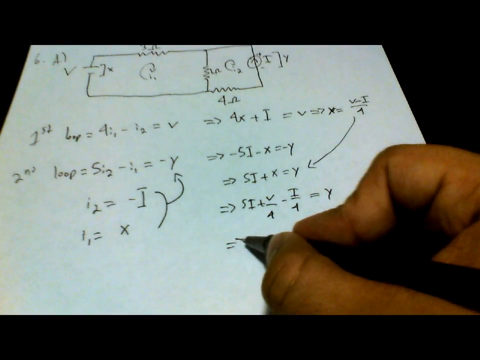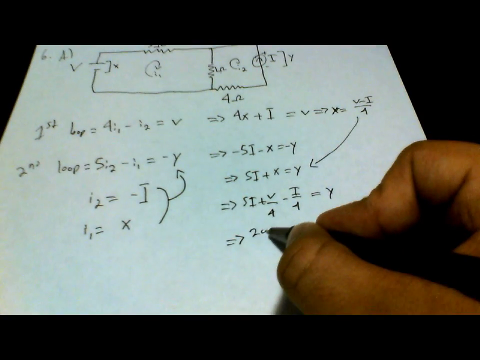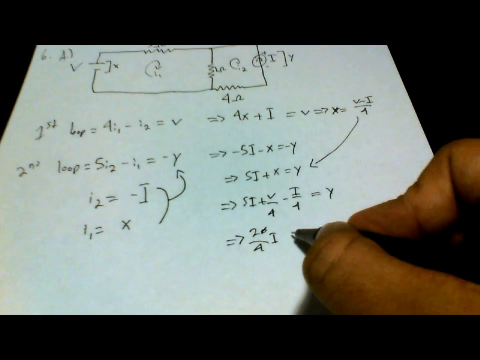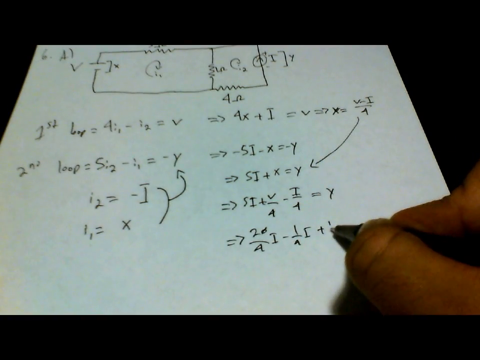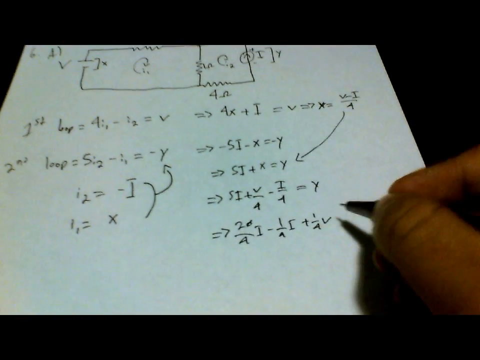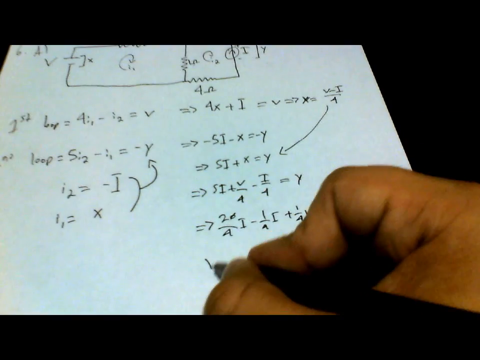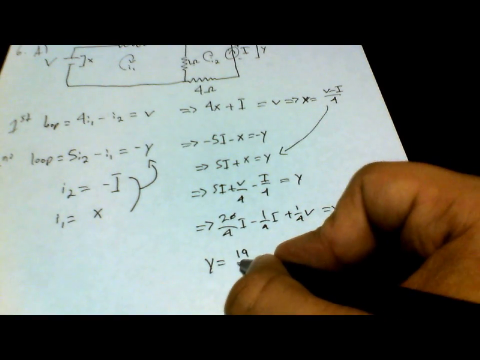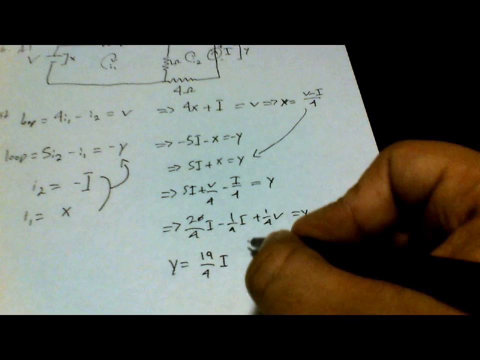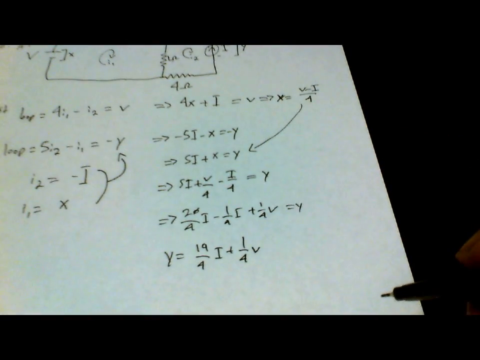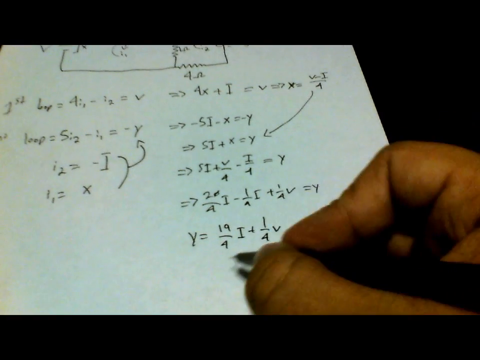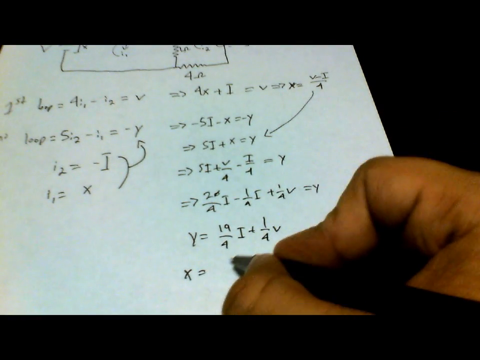Now 5 is 20 over 4, minus a quarter I plus a quarter V equals Y. So we end up getting Y equals 19/4 I plus a quarter V. So those are the equations here, and I'm just going to write the X equation again.